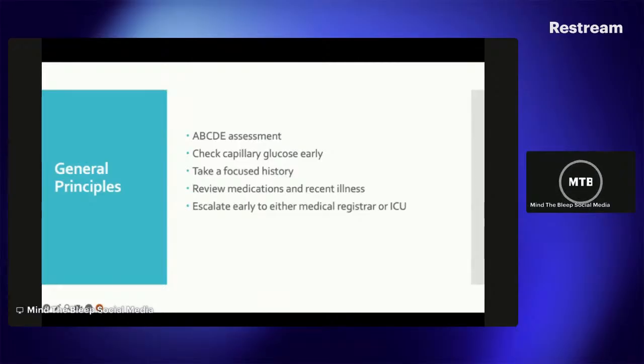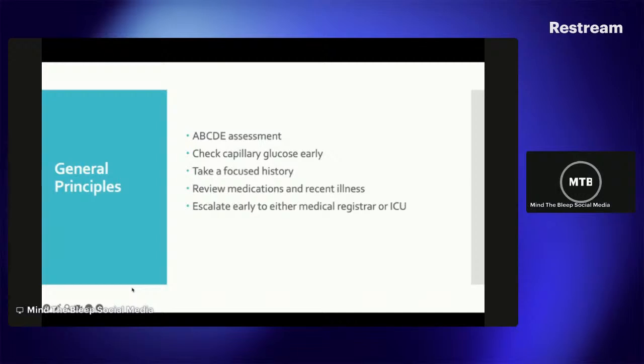And as always, when you're confused or you think that the scenario is specifically concerning to you, you should escalate early to either the medical registrar or ICU if you feel it's necessary. These endocrine emergencies often present with very non-specific symptoms, and you should always treat the capillary glucose level as a vital sign, as that can be a very easy way to identify if the blood glucose levels are responsible for this.